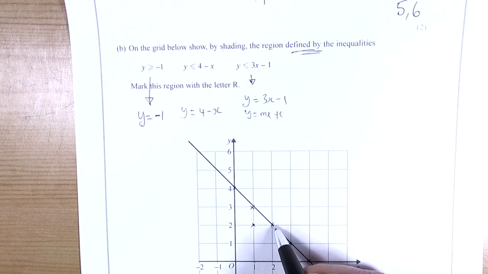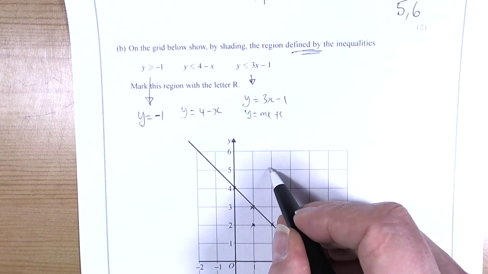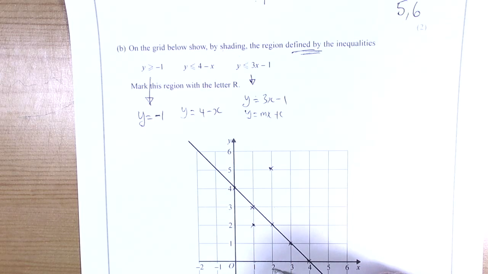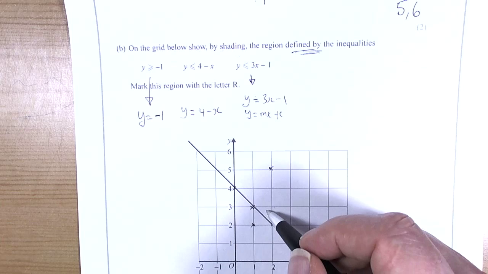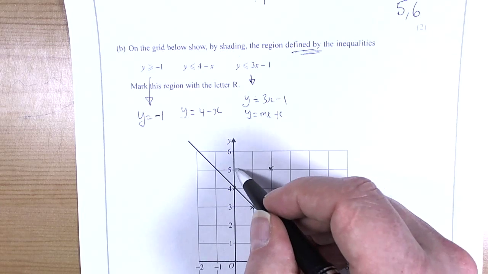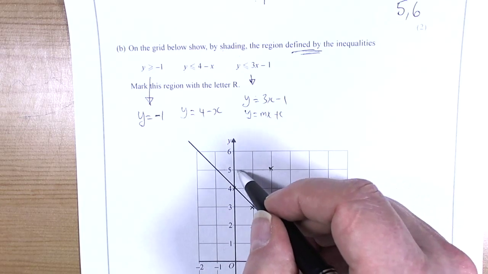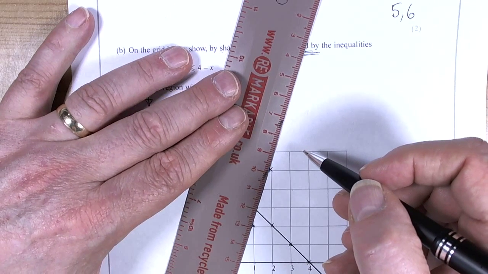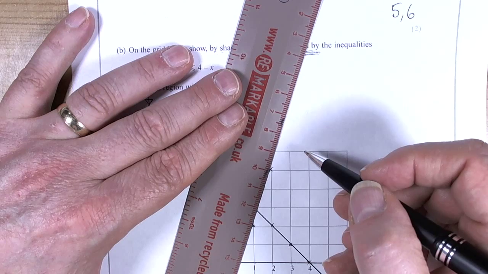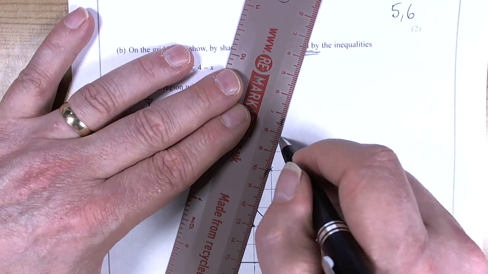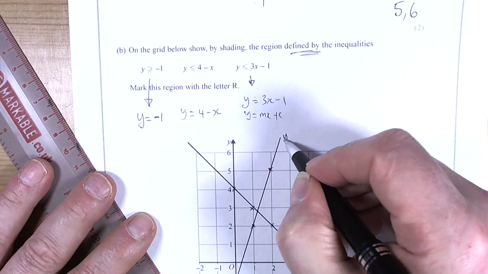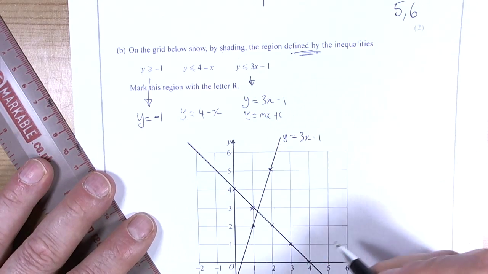Every one across I go up 3. 1, 2, 3. And I can check that the coordinate works. So when x is 2, 3 times 2 is 6, take away 1 is 5, so that coordinate works. There's lots of ways of doing that, but drawing the 3 coordinates allows us to line the ruler up, and then we can draw our line. And again label it: y equals 3x take away 1.